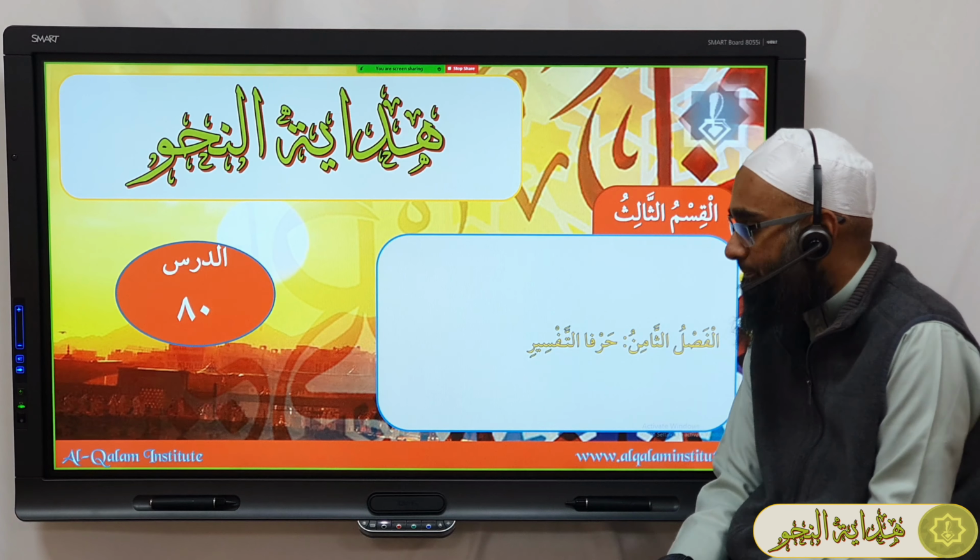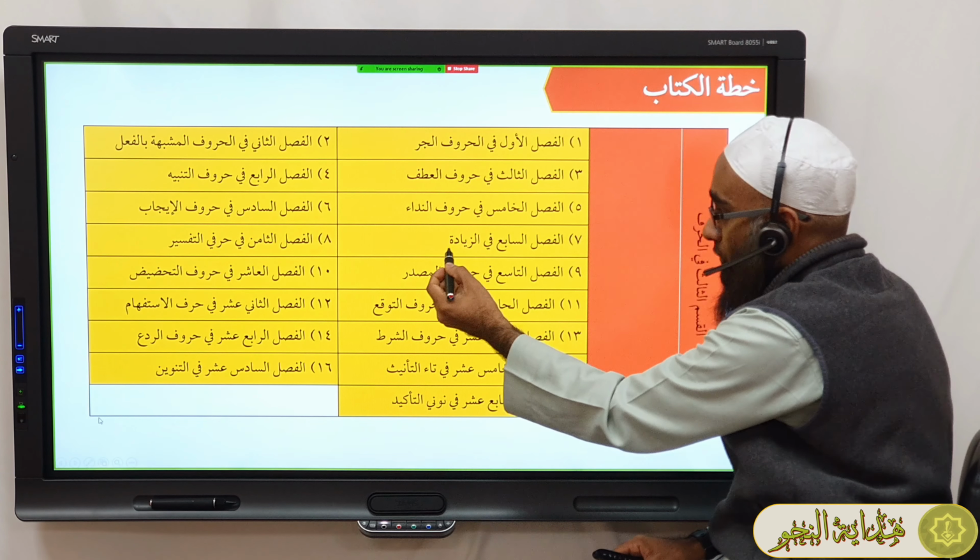So inshallah we are moving on to حرفا التفسير, the two particles of tafsir. Okay, so we are now in the last qism, which is regarding harf. We have already discussed the huruf al-jar, the huruf mushabbahatun bil fa'l, the huruf al-atf, huruf al-tanbih, huruf al-nida, huruf al-ijab, huruf al-ziyada.